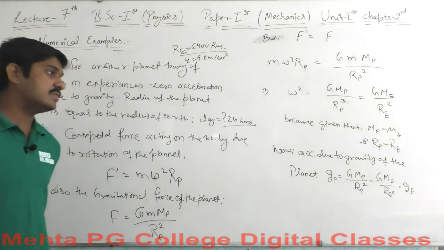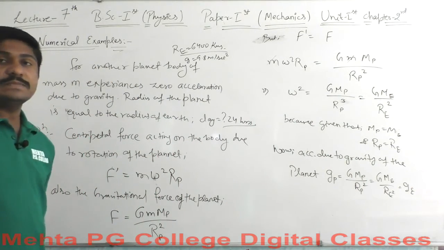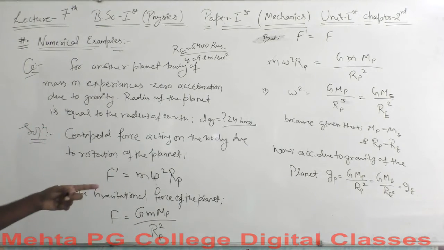So the gravitational acceleration will be the same for both the planet and the earth, because the planet will have a gravitational acceleration equal to that of the earth.